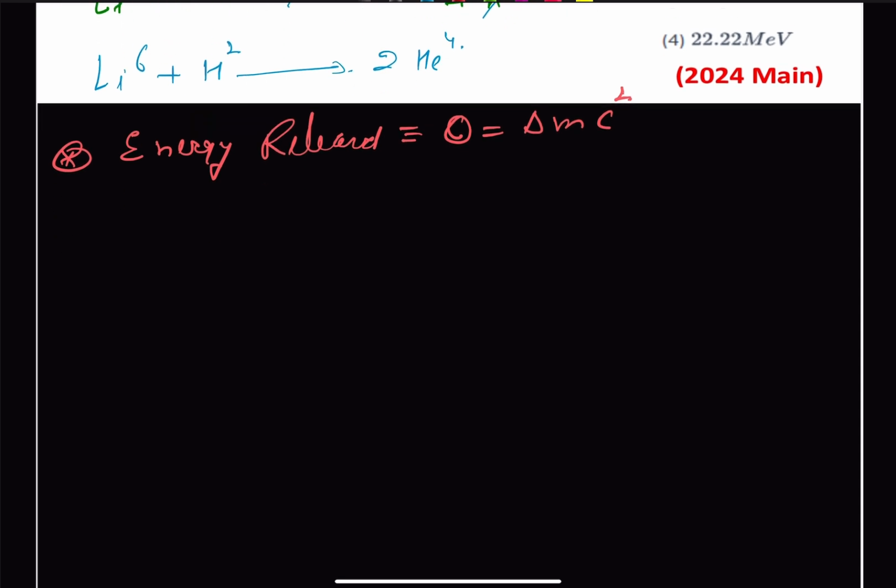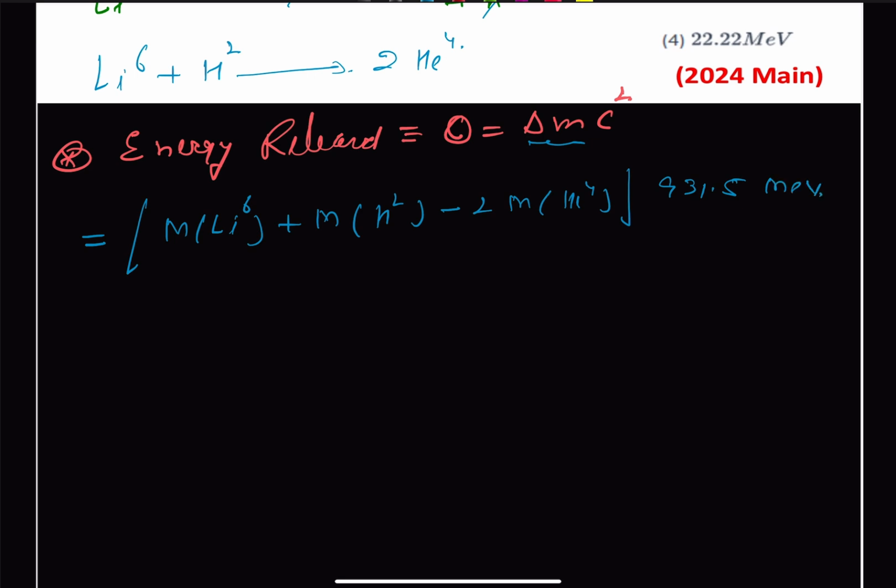Let us first find out this mass defect. This will be equal to the mass of lithium-6 plus the mass of hydrogen-2 minus twice the mass of helium-4, and multiply by C square, which is 931.5, and it will be in mega electron volt.